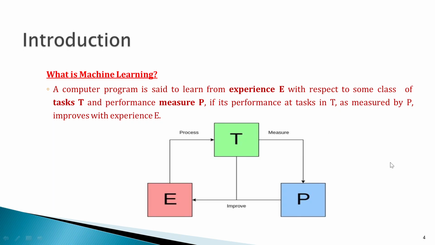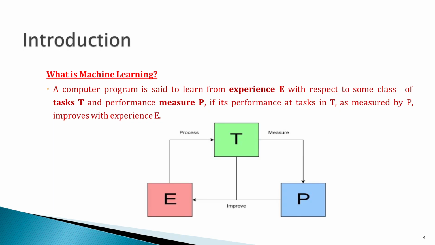Once I train my model, I have to check whether it is able to distinguish: if I give a banana, it should say that it is not an apple or an orange, since it is not the image given for training. If I give an apple, it should recognize an apple. If I give an orange, it should recognize an orange. That is your performance measure.